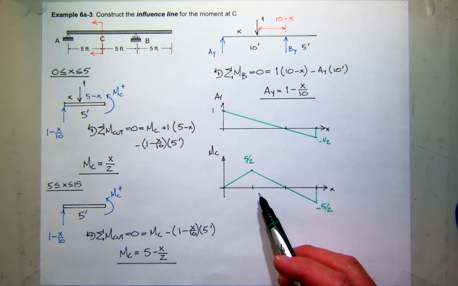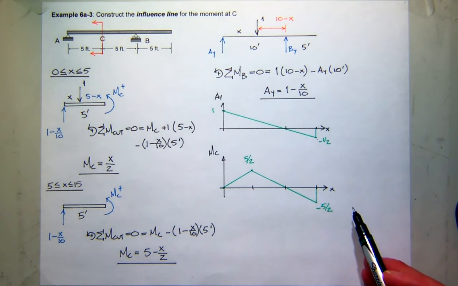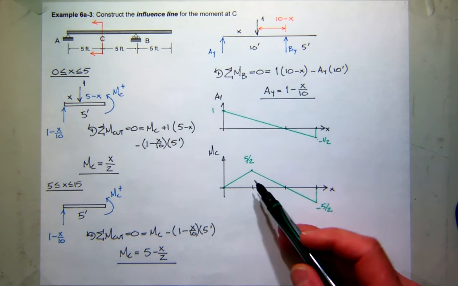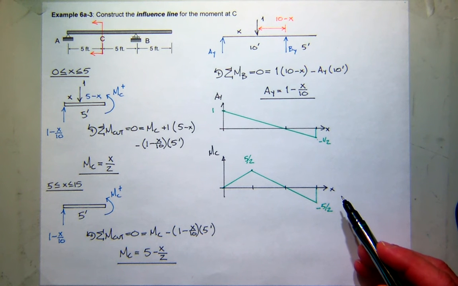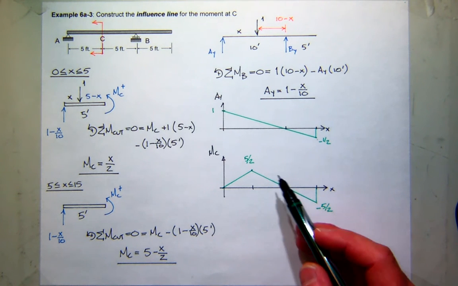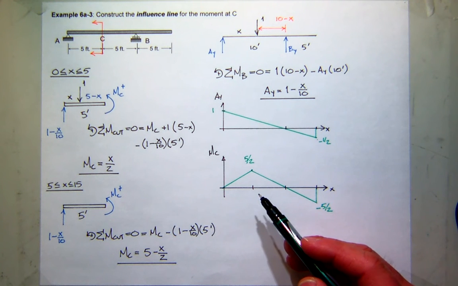So I'm looking at this problem now. What's the maximum moment at C? Well, what's the largest ordinate value? It looks like it's 5 halves, but one's positive and one's negative. Now, in moment, does it matter about positive or negative moment? It does. Think back to your reinforced concrete experience. A positive moment, this structure would be bending concave up and your reinforcement would be in the bottom.